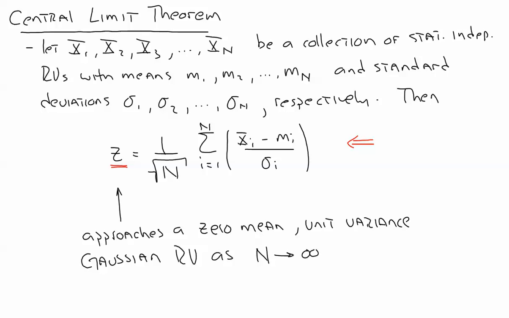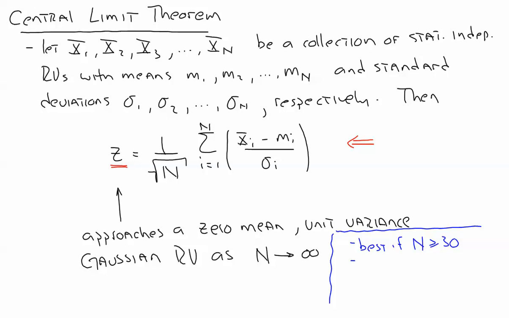It means that the PDF for z is a zero mean unit variance Gaussian. The approximation generally is best if n is greater than or equal to, say, 30. Once you get above 30 independent random variables, then the zero mean unit variance Gaussian approximation gets really, really good. Let me write some stuff down here in the corner.